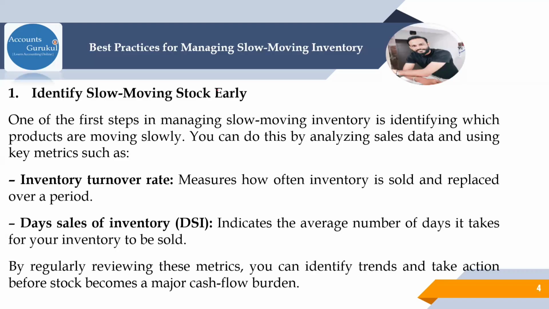By regularly reviewing these metrics, you can identify trends and take action before stock becomes a major cash flow burden. So it's a must to keep track when we have inventory in the premises. If 1 crore or 2 crore is lying in slow moving inventory, then that much amount is going to block your cash flow.